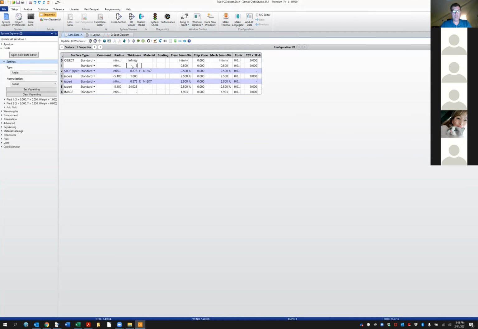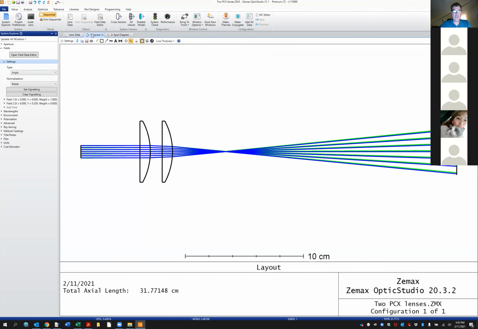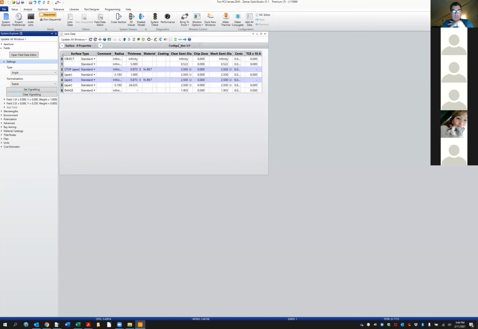And now what we've got is the rays of light coming from infinity, but we see the last few centimeters of their trip. Can you tile the layout? Yeah, I'll do that. Let's tile the windows. Window options, tile all windows.